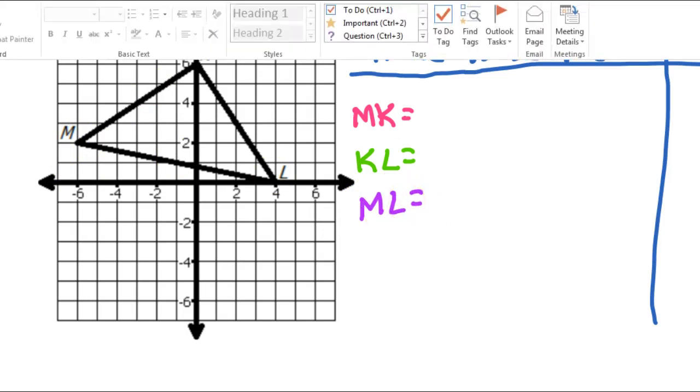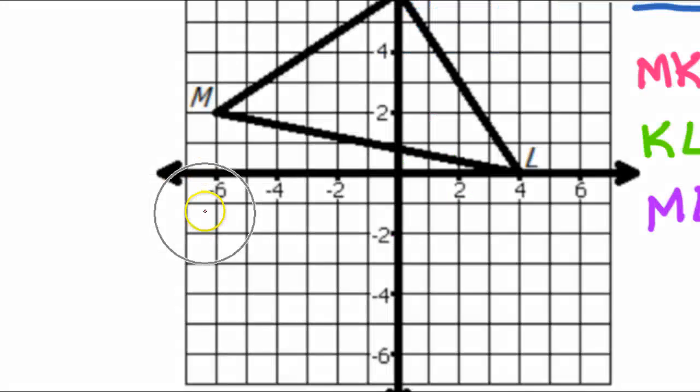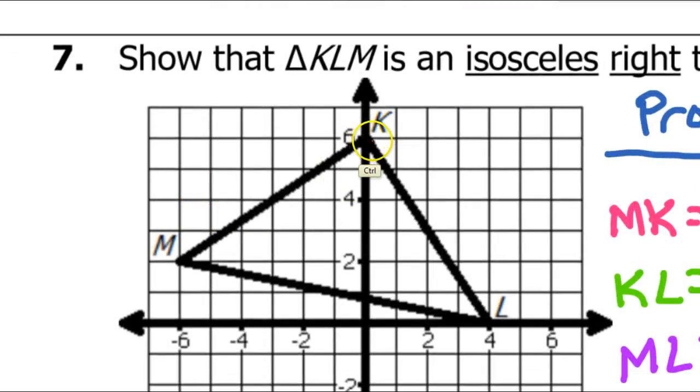So let me start with MK. To find the length of MK, I like to do the Pythagorean Theorem. So I'm going to make a right triangle with MK as the hypotenuse. One side of the triangle is 4. The other side of the triangle is 6.